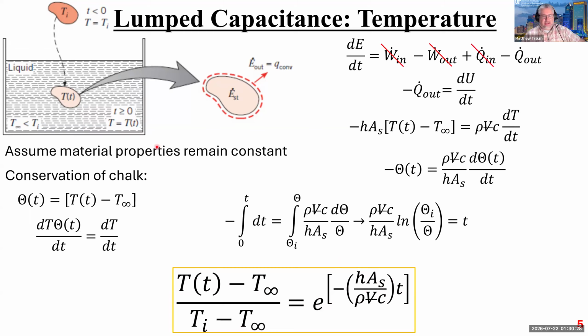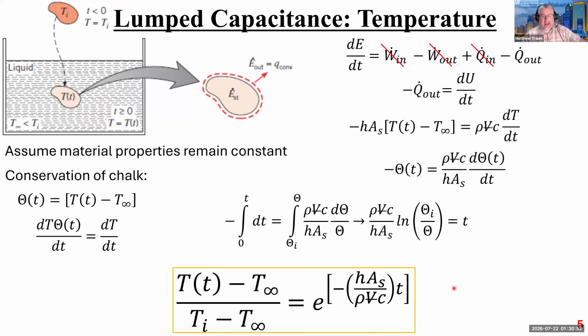And A is the exposed surface area, so the area that this convection is happening over. h is the convection coefficient that's facilitating heat transfer. And then rho is the density of the object. V is the volume of the object, right? And rho times V is mass. And then c is the specific heat of the object. And then this lowercase t, that's time.